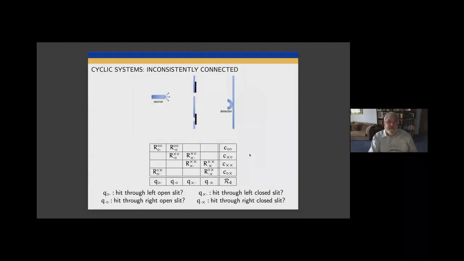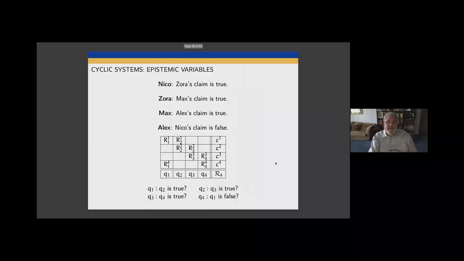But you can also use the same system, mathematically the same system, to describe the two-slit experiment in quantum physics. This system will be inconsistently connected, and it's proved that it is non-contextual.